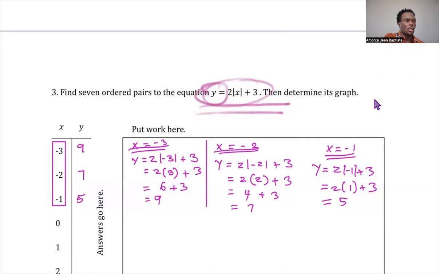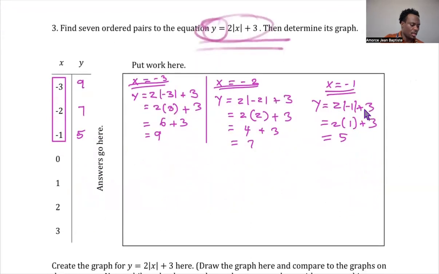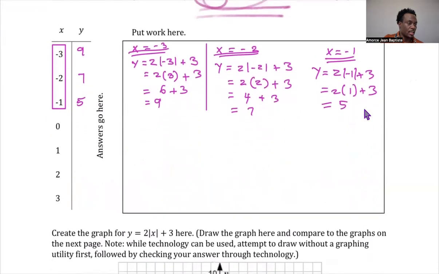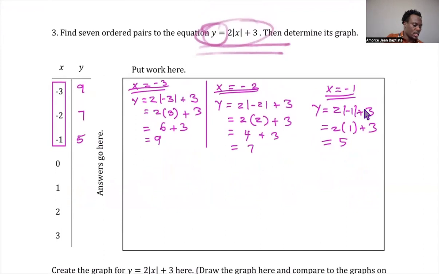Okay, so now let's place the values that we found here. We saw that for x equals 0, we had 3 in the calculator. You remember what we had?